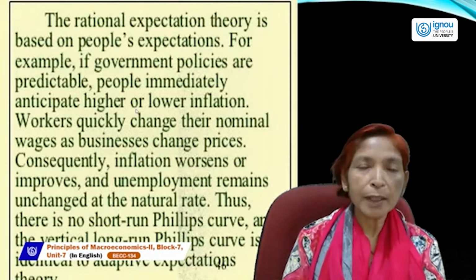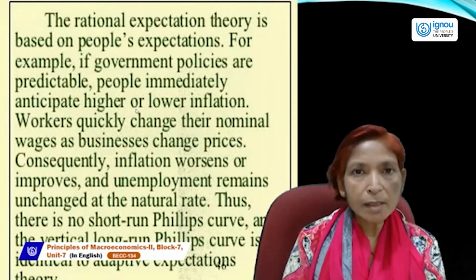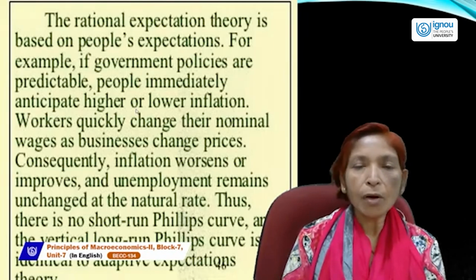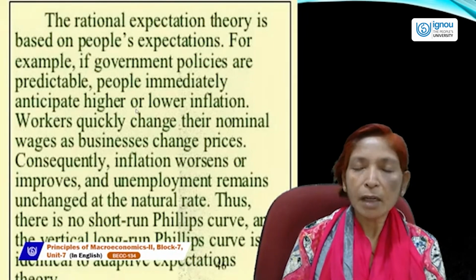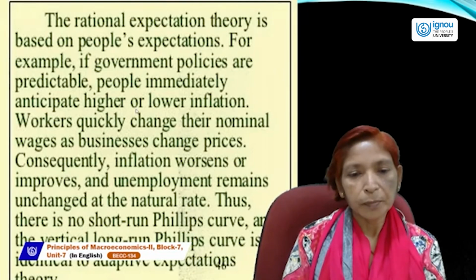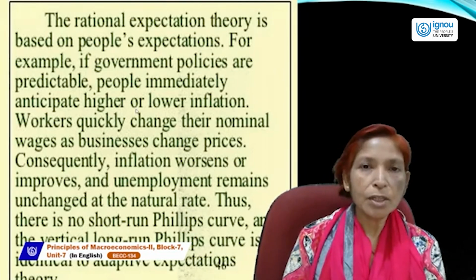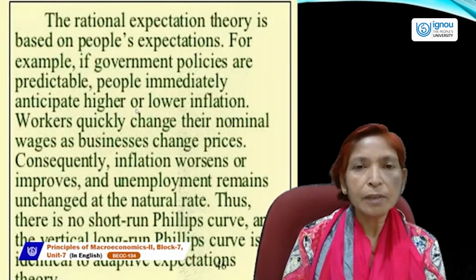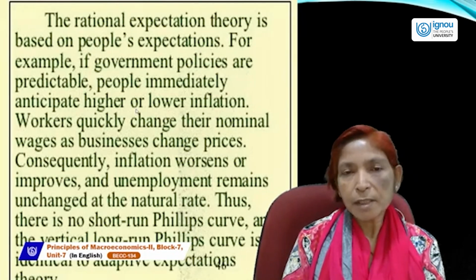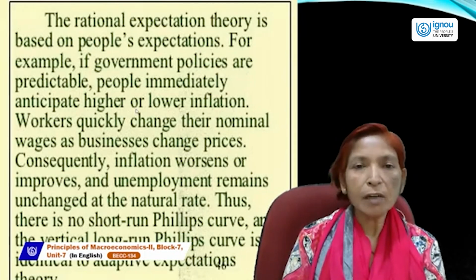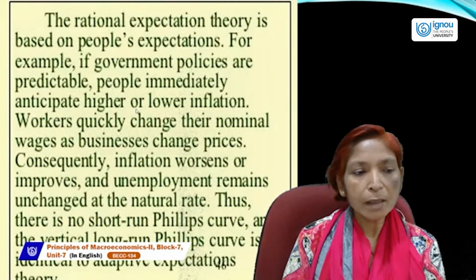So, rational expectations always believe in the long run Phillips curve, which is a vertical curve, and adaptive expectation always believes in the short run Phillips curve, which is always a downward sloping curve.